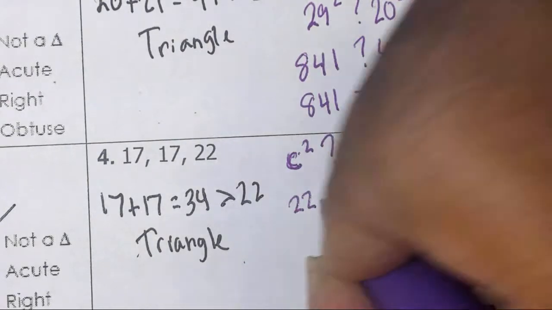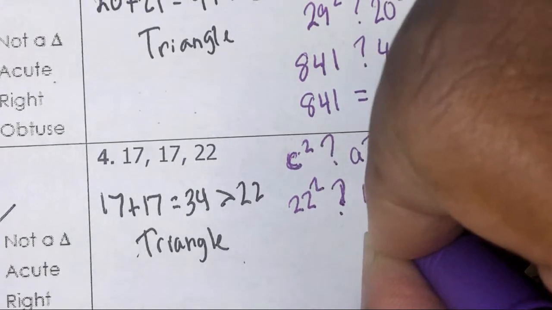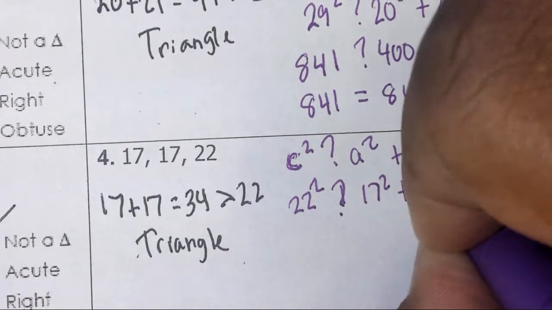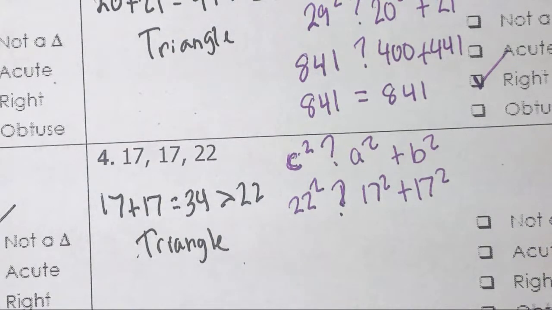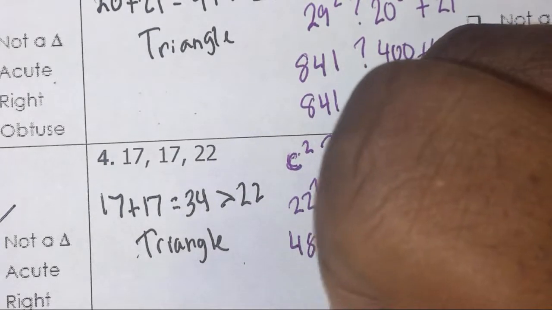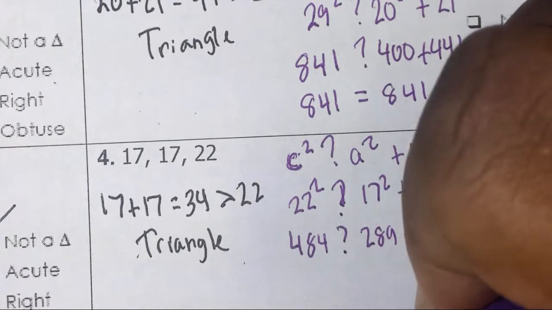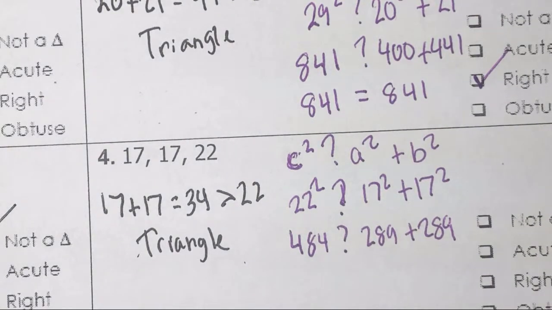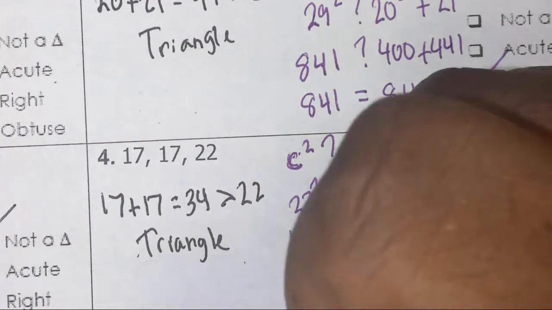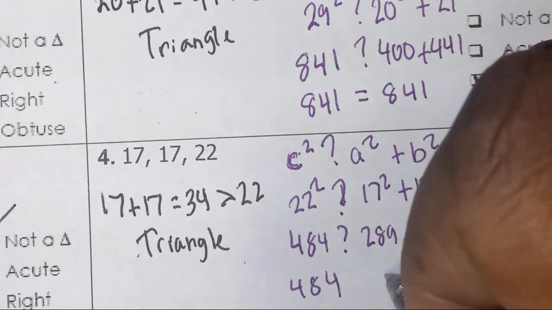22 squared, question mark, 17, 17. I need these numbers, I can't remember. Oh, never mind, I got it right here. 484. What y'all classified it as?